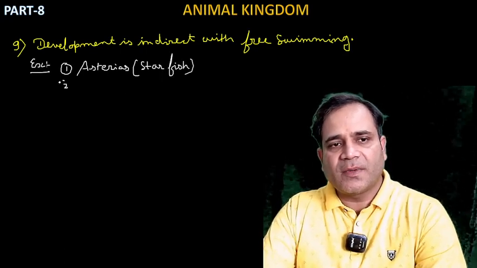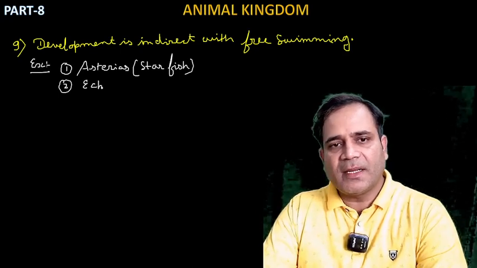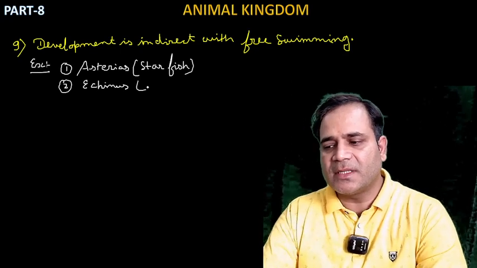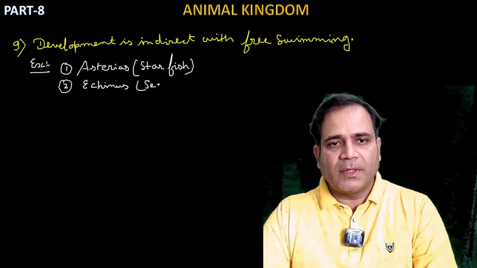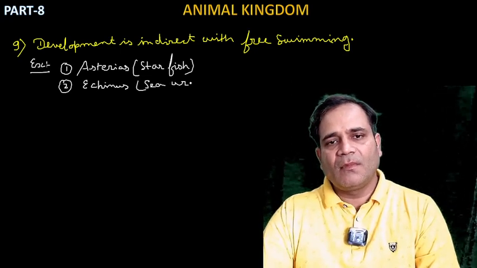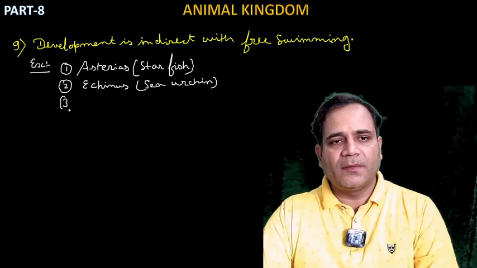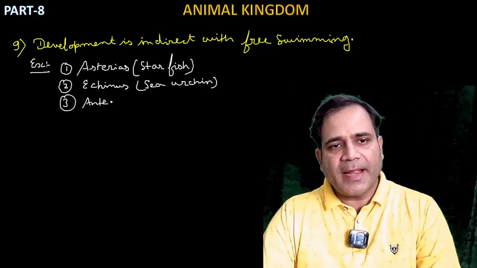Now the second one is Echinus. What am I writing here? Echinus. If I'm writing Echinus, it means a sea urchin. Now third, Antedon.